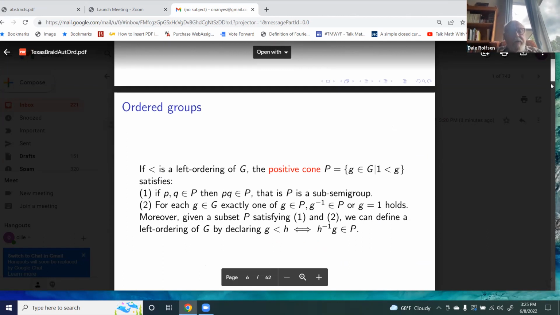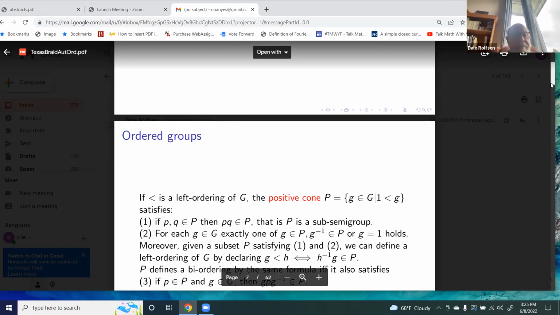It'll be a bi-ordering if that positive cone is also normal. That is, if any conjugate of anything in P is in P.